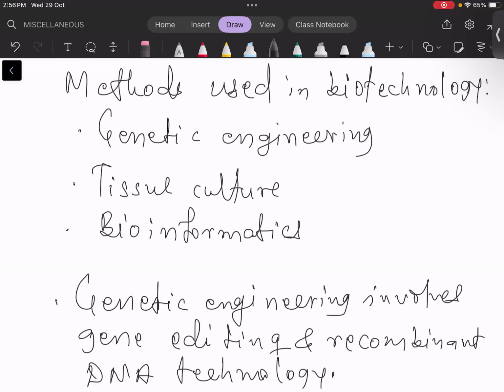Okay, now what is recombinant DNA technology? It involves using enzymes like restriction enzyme and DNA ligase to cut, join, and insert a gene from one organism into another, creating a new genetic combination. Now, gene editing. Gene editing involves the CRISPR-Cas technique for precise modification of an organism's DNA. Then, what is tissue culture?